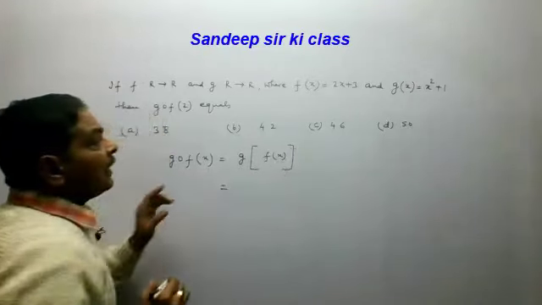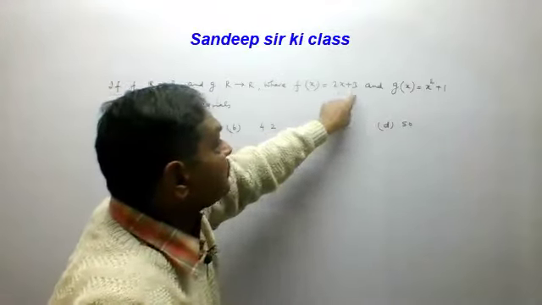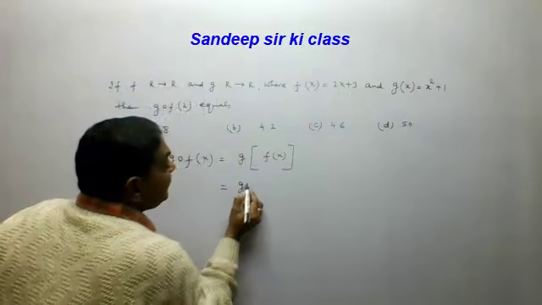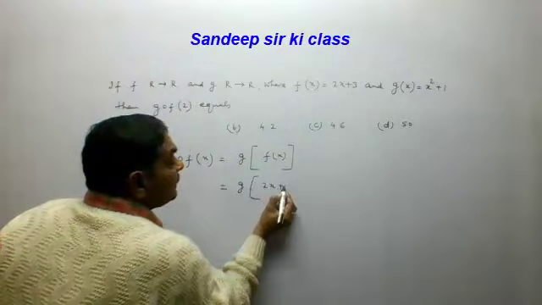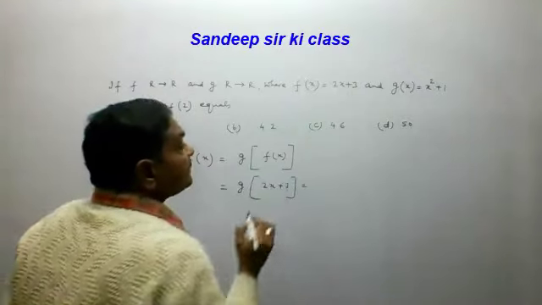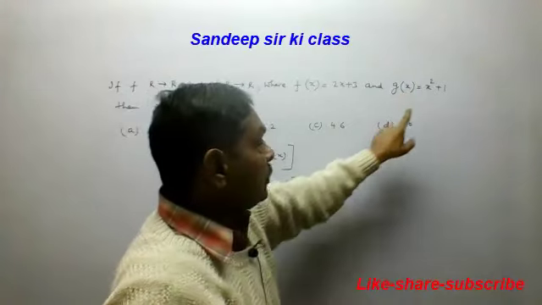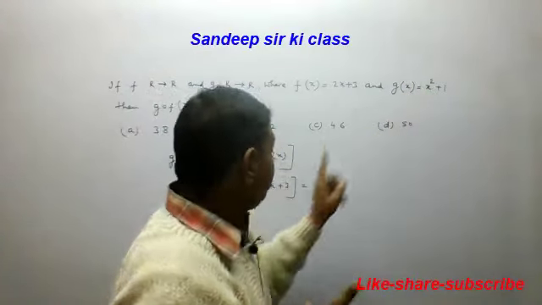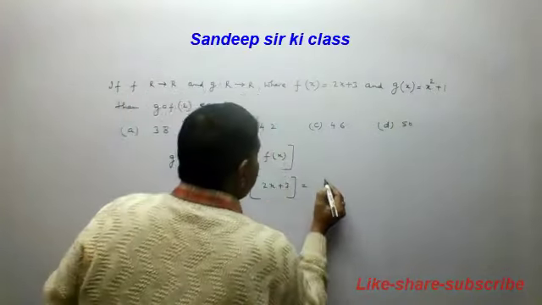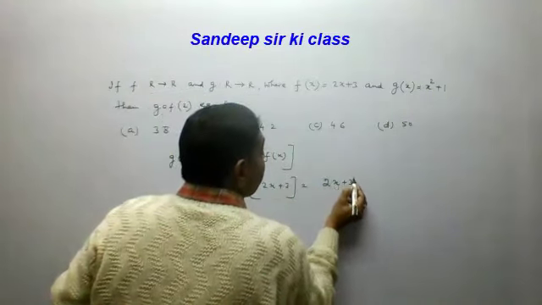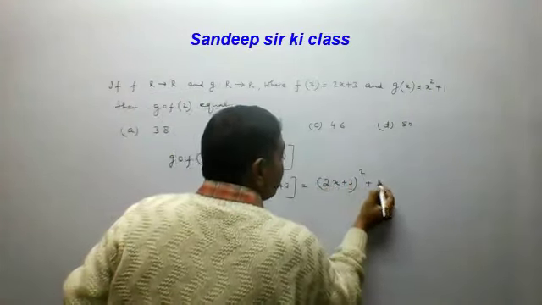This is equal to f(x) we have given 2x plus 3. So it is g of 2x plus 3. This is equal to, now in place of x I have written 2x plus 3. So here also in place of x I should write 2x plus 3. So this will be (2x plus 3) whole square plus 1.